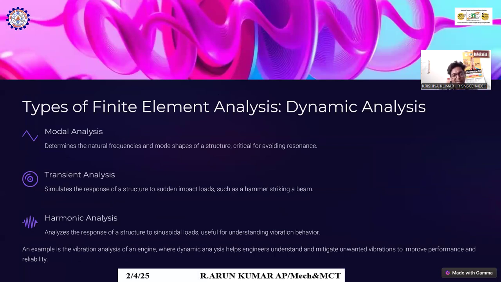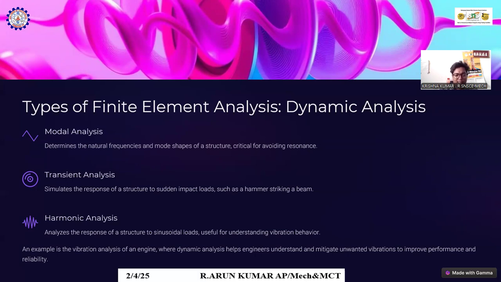Then the types of finite element analysis for dynamic analysis. These are the three basic parameters we have to analyze: modal analysis, transient analysis, and harmonic analysis. Modal analysis determines the natural frequencies and mode shapes of a structure, which is critical for avoiding resonance. Transient analysis simulates the response of a structure to sudden impact loads, such as a hammer striking a beam.